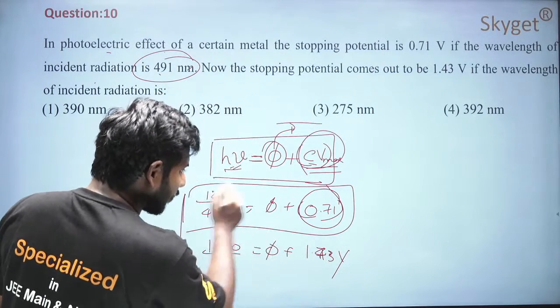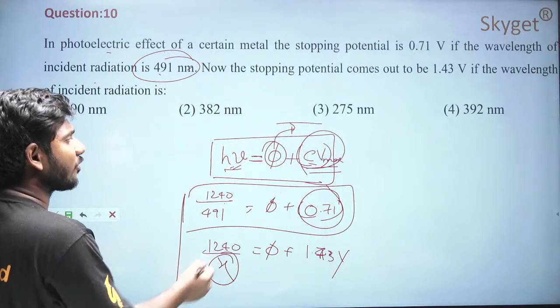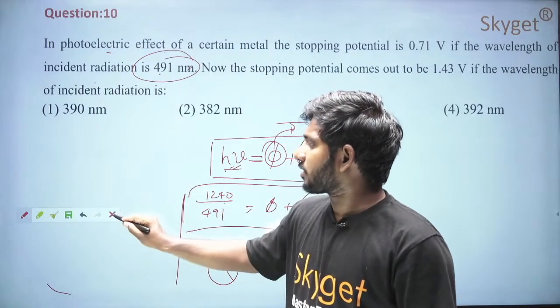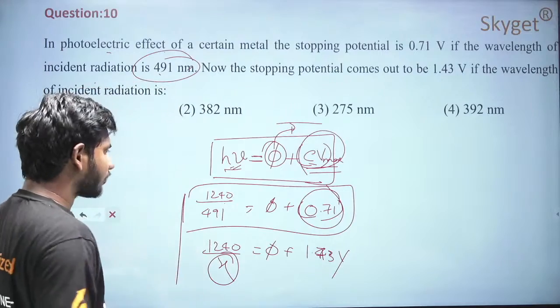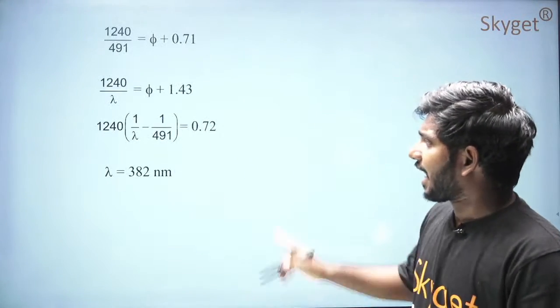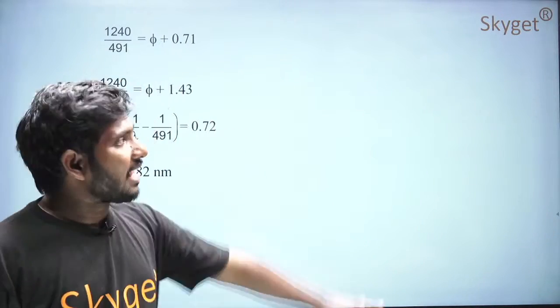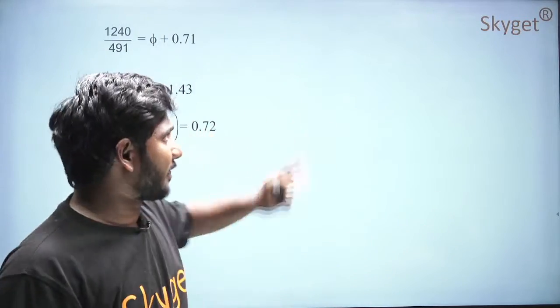If you apply both the equations and eliminate phi, you will get the value of x, that is the wavelength of the light incident on it, students. If you go through these 2 equations and find the value, lambda is equal to 382 nanometers.